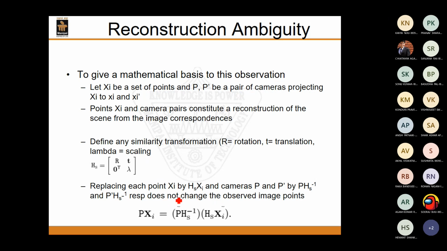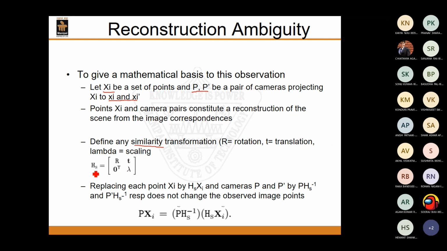Mathematically you can represent it this way. Let us say that X_i is a set of points, P and P dash are the two camera parameters, and the image point pairs that you have are small x_i and x_i dash. What we said earlier was that if we have a reconstruction ambiguity with respect to rotation, translation, and scaling factor, that means it is a similarity transformation.